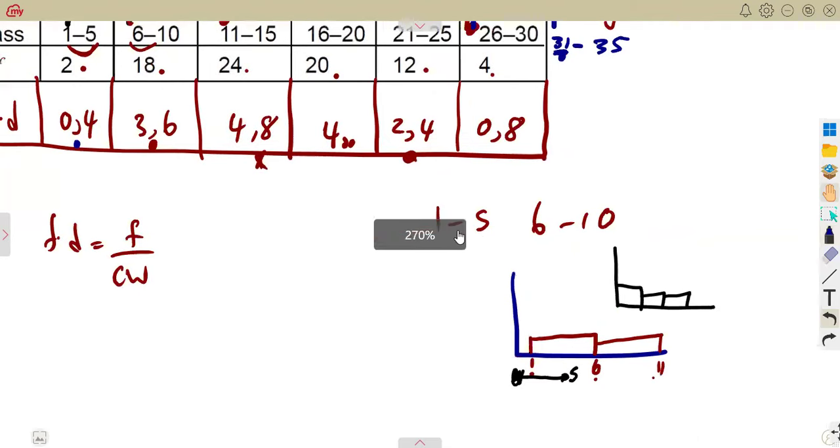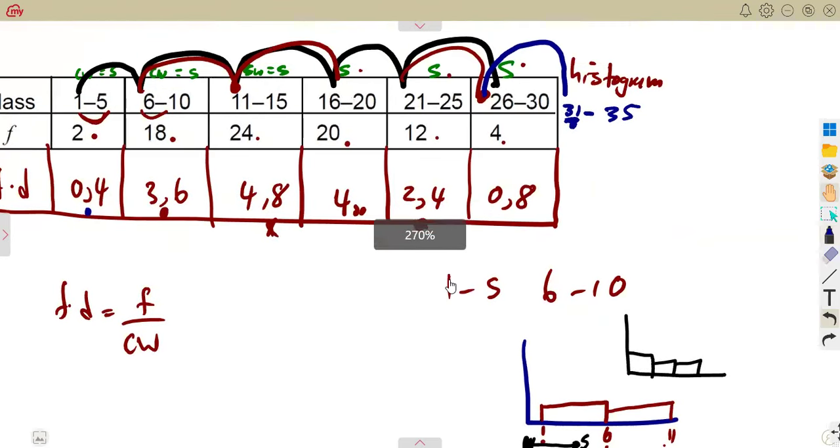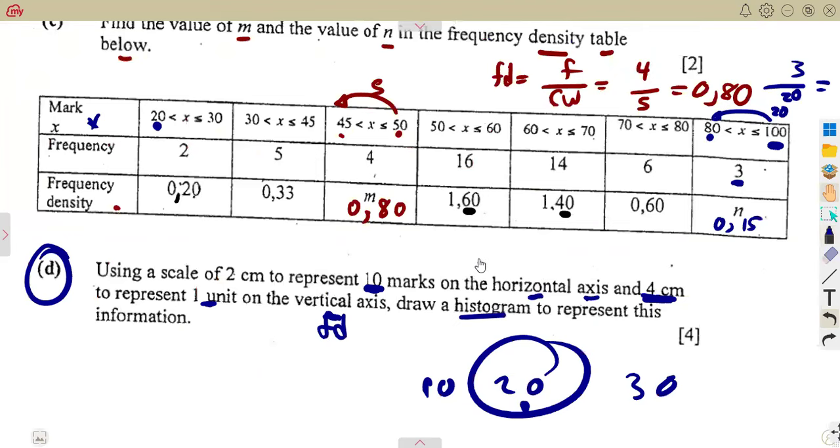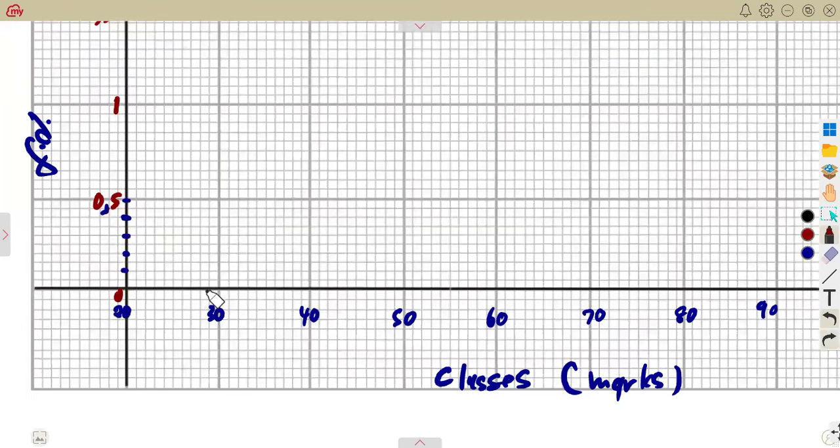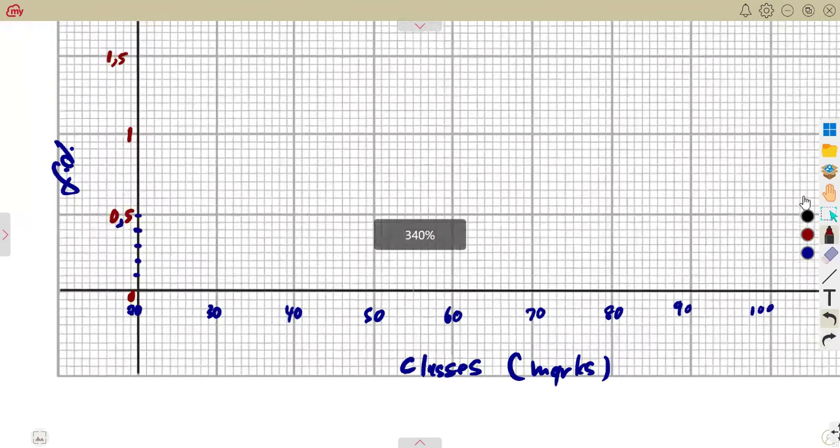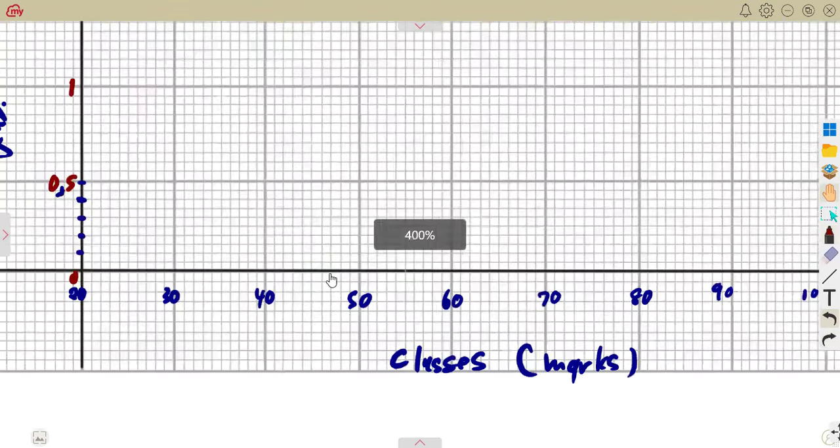So in this case, we're going to take our information. Take the class 20 to 30 versus 0.2. Where do we have 0.2?